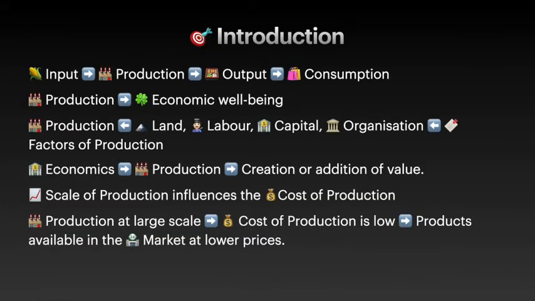First, what is production? Production is a process of using various material and immaterial inputs in order to make output that is used for consumption. Production is a process which creates economic well-being, and production is the result of the cooperation of four different factors of production, which are land, labor, capital, and organization.